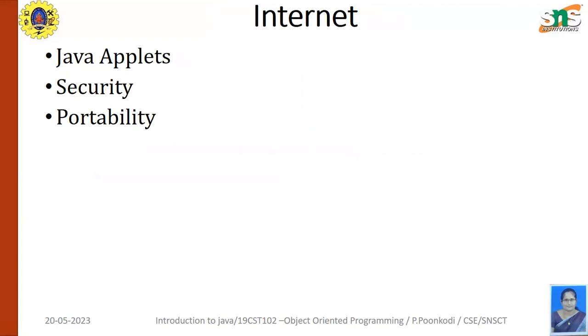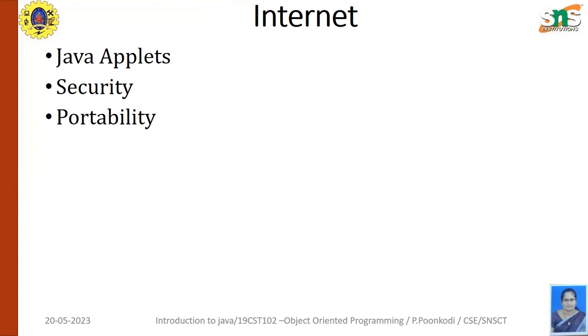On the internet, Java is used in three major areas: the Java applet, security, and portability. Applets are mainly used to provide the interface between low level and high level, that is from the user to our mobile phones or computers. They are also used to synchronize the sequences.